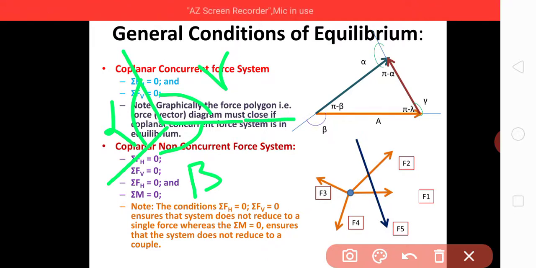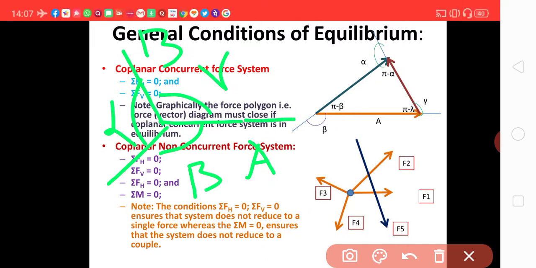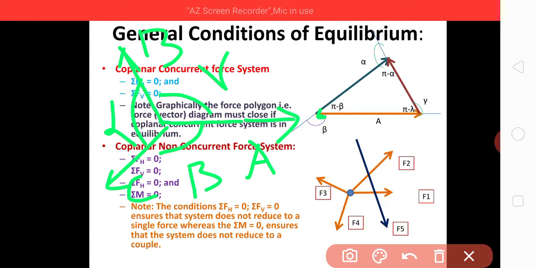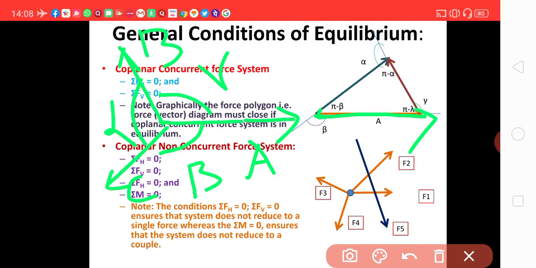This is force A, this is force B, and this is force C. How do we draw this triangular diagram, that is the vector diagram? First, take on scale the magnitudes of these forces. Choose a point, and draw a line equal to the magnitude of A, parallel to the force A, this way. Then from the arrowhead, draw another line equal to the magnitude of B, like this.